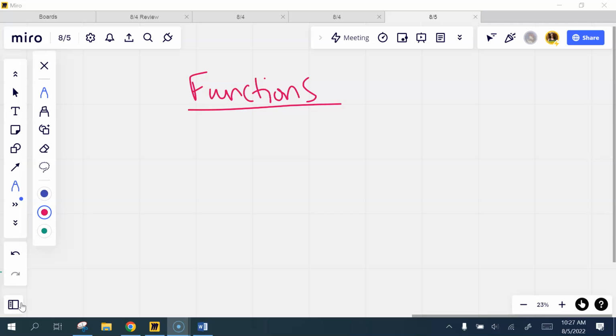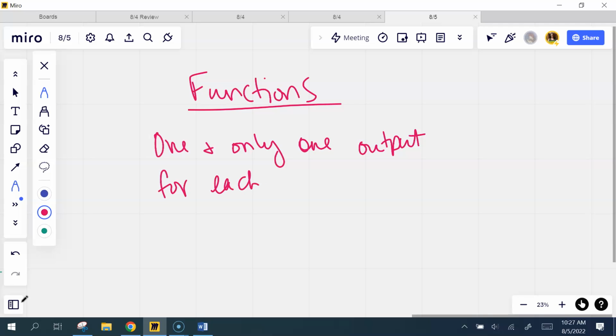Non-repeating X. Okay, so there's one and only one output for each input. Do I need to write in print? We are, but we need to learn about functionality first.